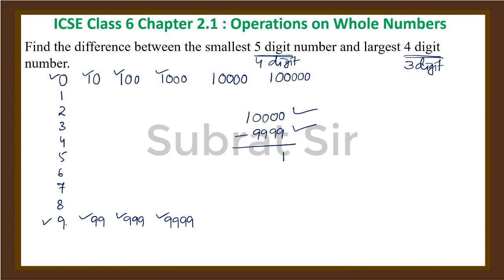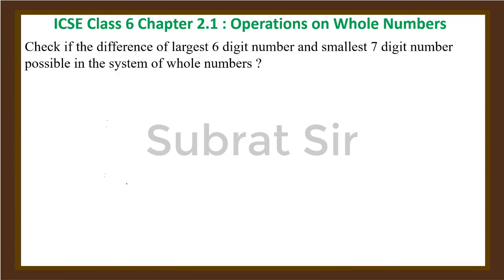See here, the single-digit largest number and double-digit smallest number, the difference is 1. Then the double-digit largest number and triple-digit smallest number, the difference is 1. Like this, the 4-digit largest number and 5-digit smallest number, the difference is 1. We can also subtract if required. You can cross check.